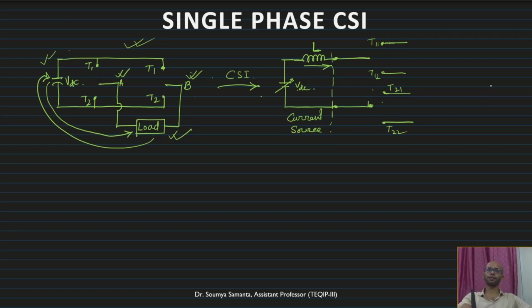What we have to do is, T11 and T21 are shorted, and these two will be shorted. Now we will connect the load across these two terminals.